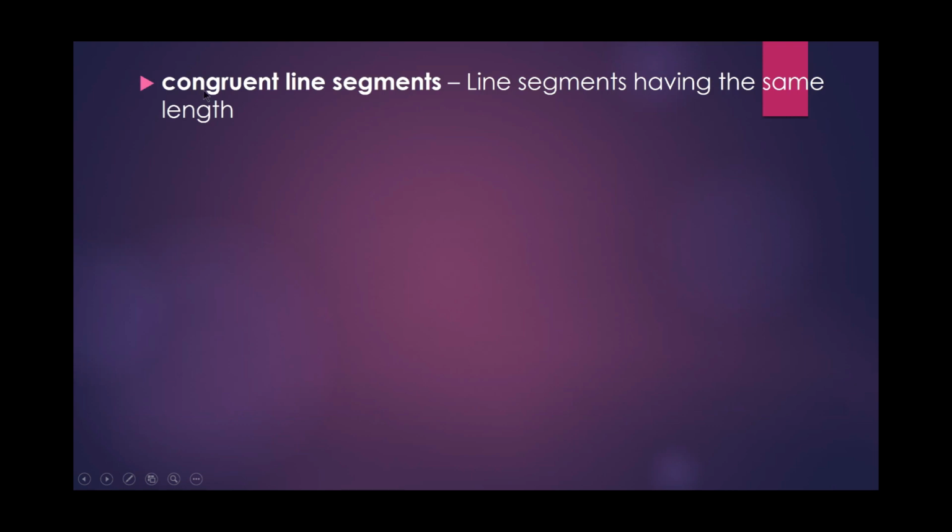If you look at the definition here, it's line segments having the same length. For example, my line segment over here is 2 centimeters. Later on, I show you any line like this, and the measurement is also 2 centimeters. So it means these two are congruent line segments.